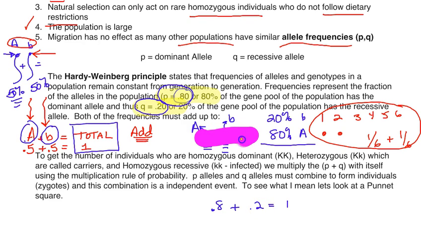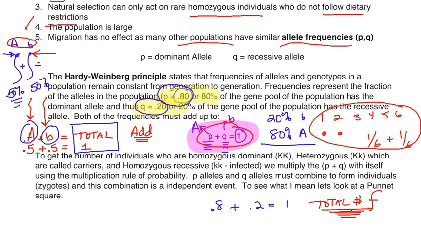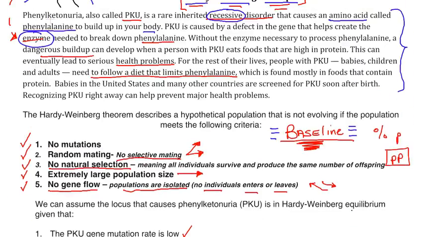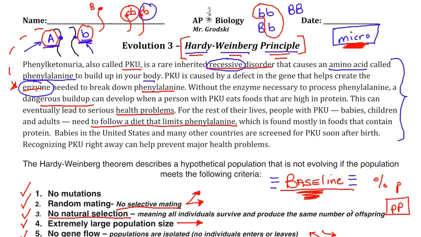Now, when I'm dealing with this right here, we're dealing with the total number of the frequencies in the population. We're not talking about individuals, we're talking about all of them. Let's pretend we have 3 individuals in my small population, which wouldn't be a good thing for the Hardy-Weinberg postulate.